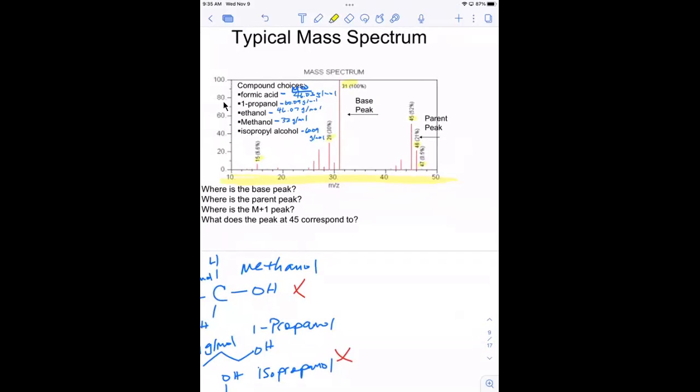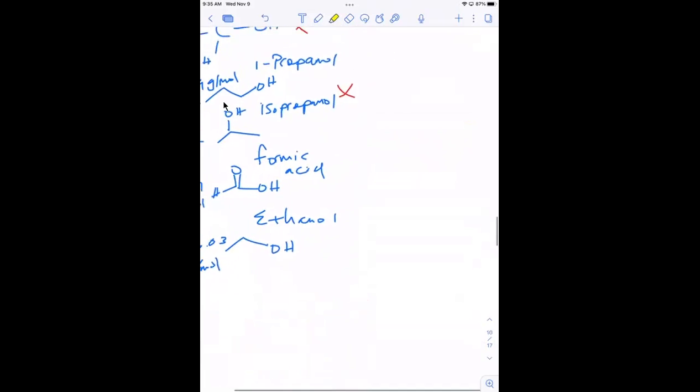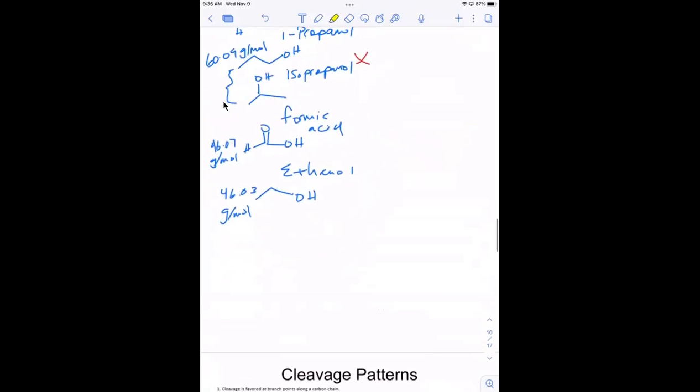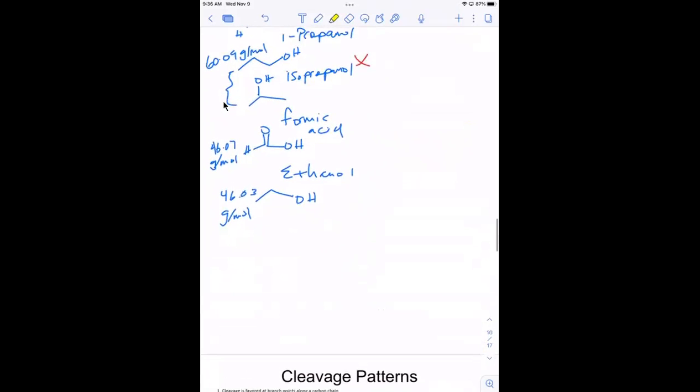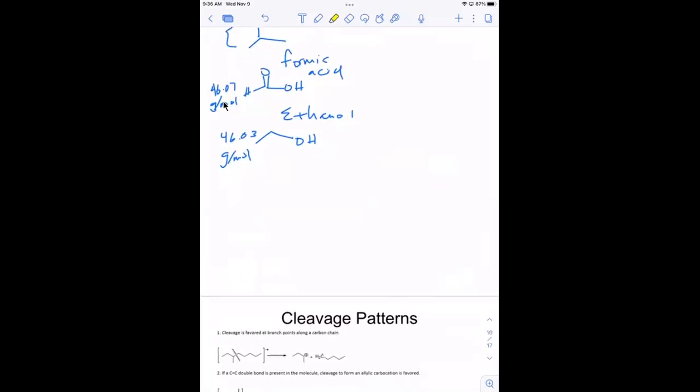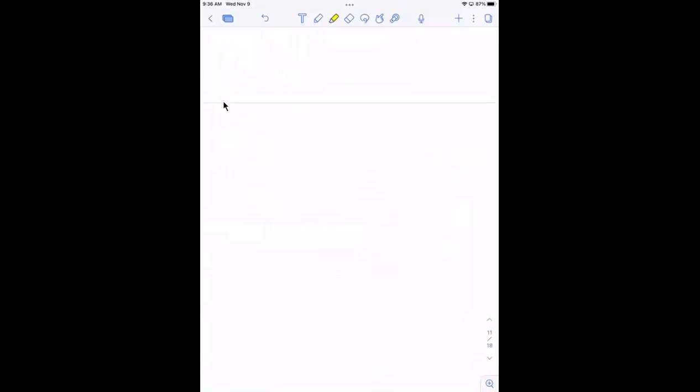All right, so how do those fragments occur? Let's look at it. Let's take formic acid and break it into pieces.